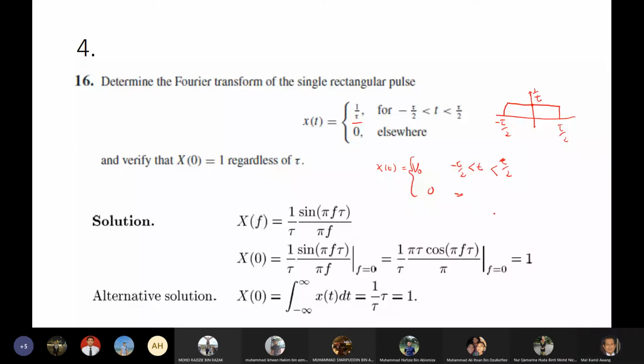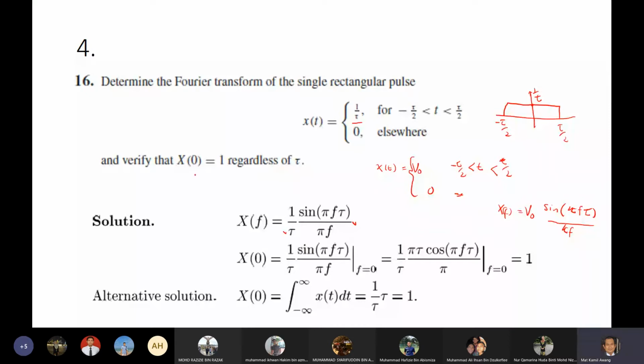This gives you X(f) equal to v naught sine of pi f tau over pi f. So this is the Fourier transform of this. And v naught is 1 over tau.